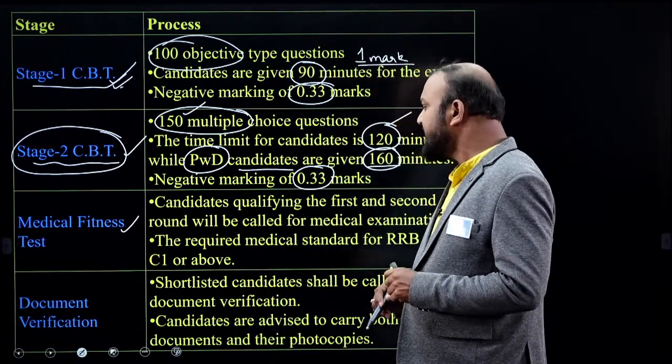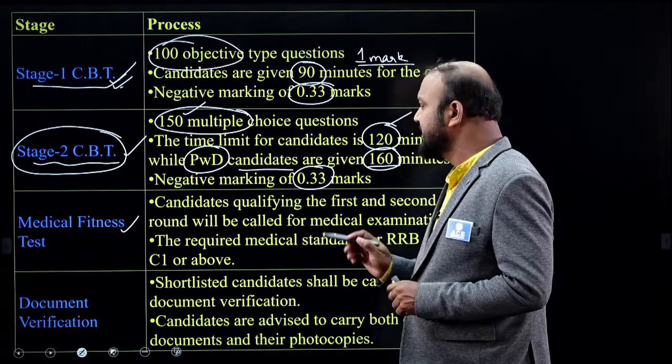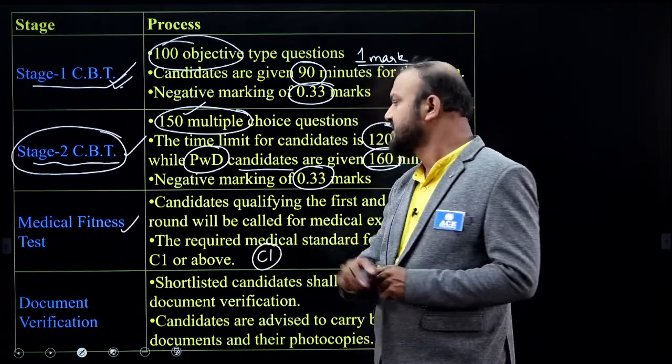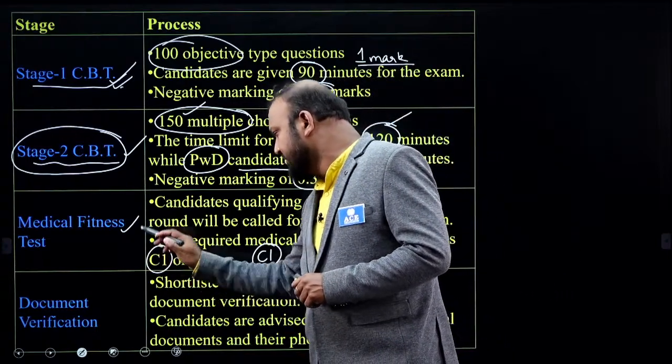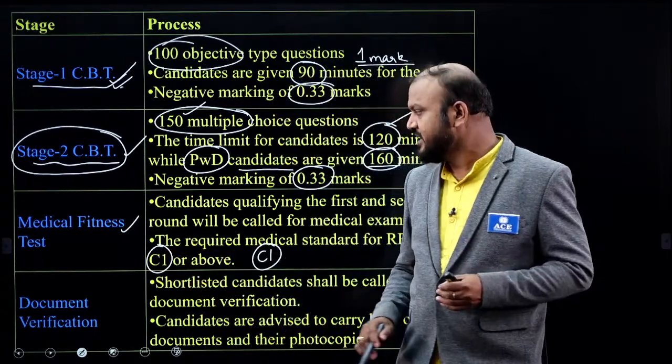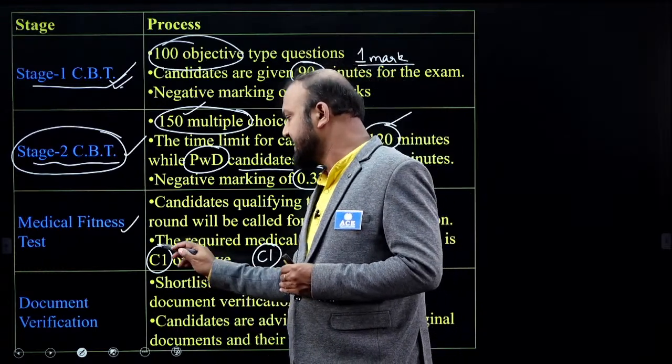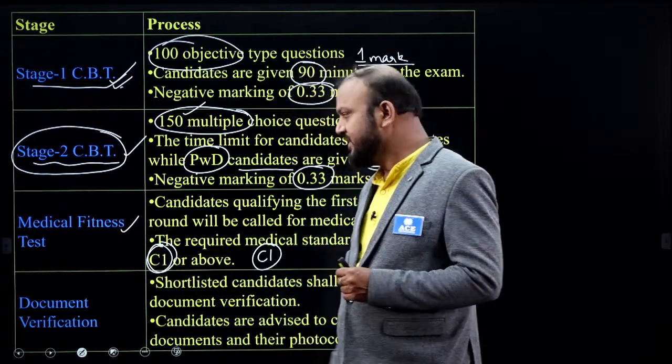Here, the medical fitness test requires C1 level or above. What is C1 level or above? We'll discuss in the next slide. So people will undergo a medical test, and the medical test category should be C1 or above.